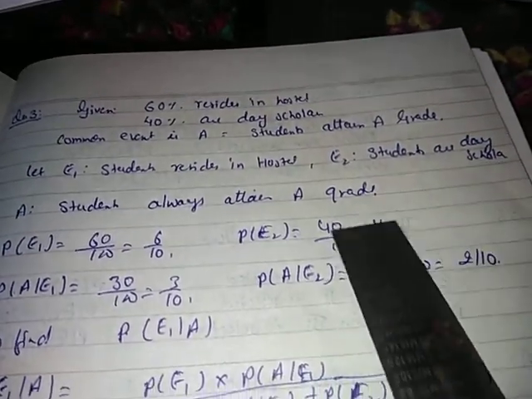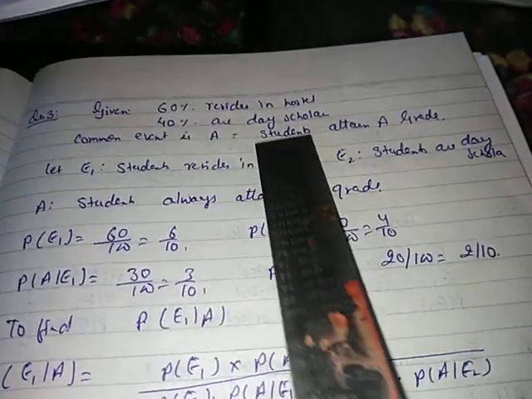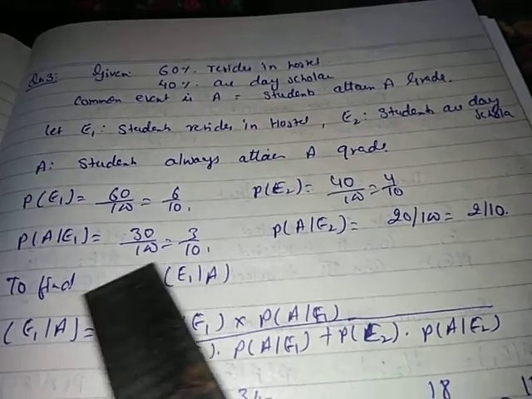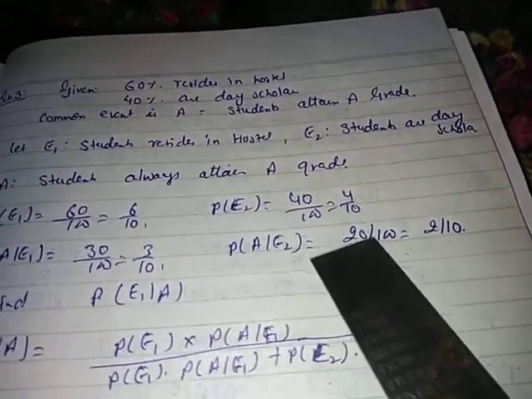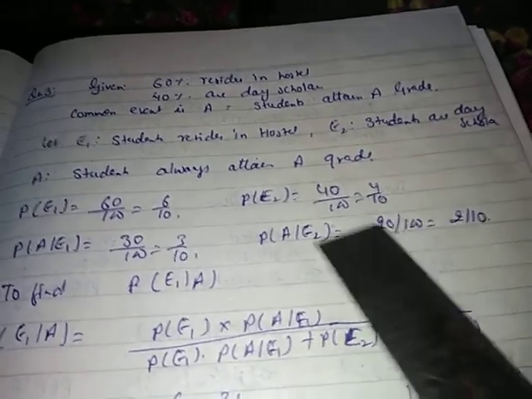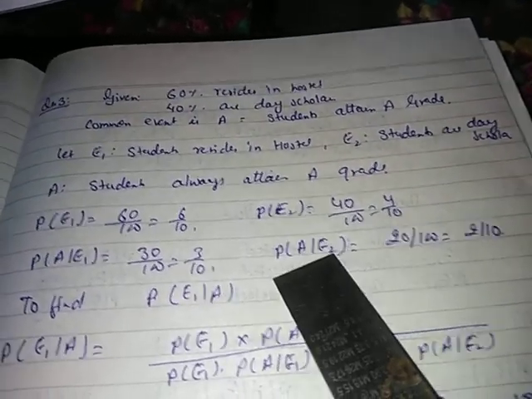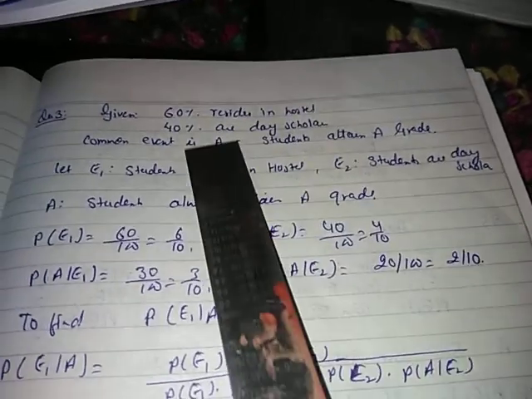Okay, so P of E1 is given, 60%. P of E2 is given, 40%. A grade when the student resides in hostel is given as 30%, and when a day scholar attains an A grade it is 20%. We need to find the A grade student from hostelier, that means option E1.